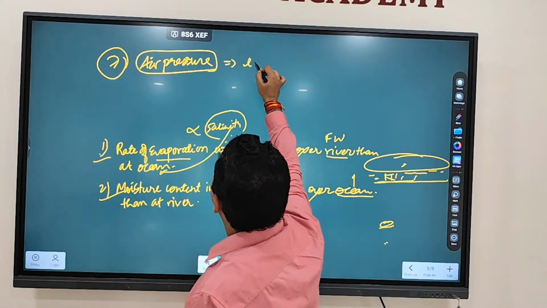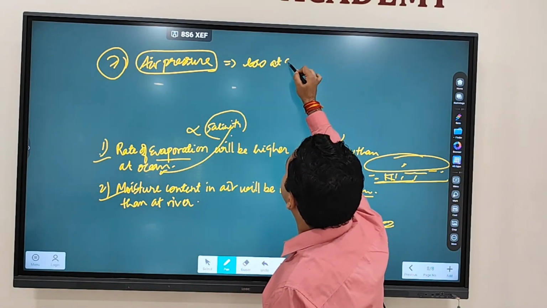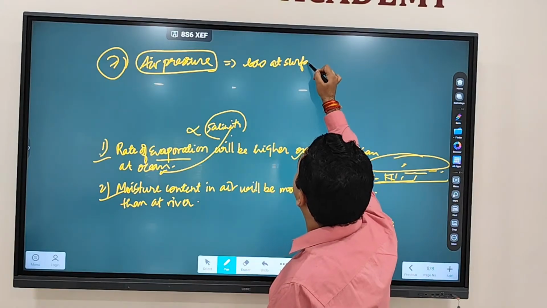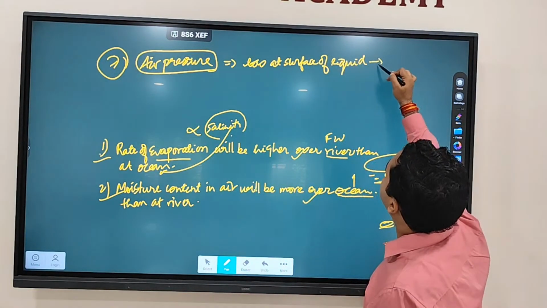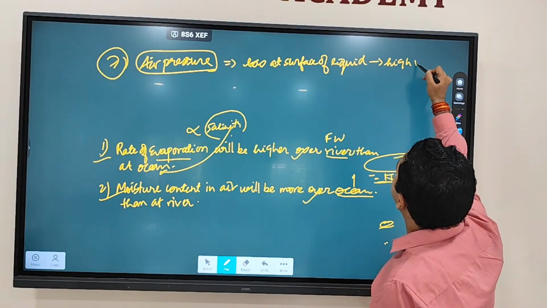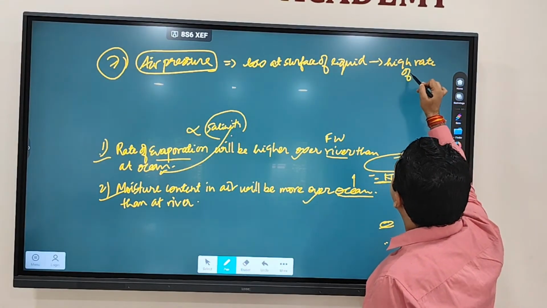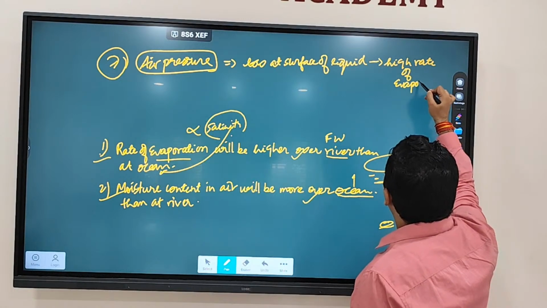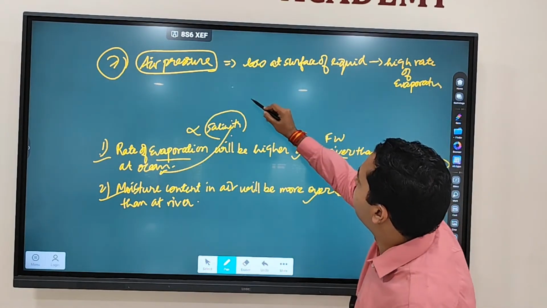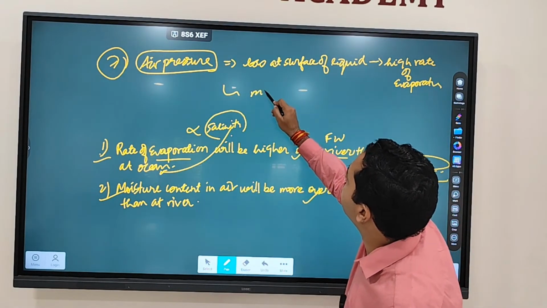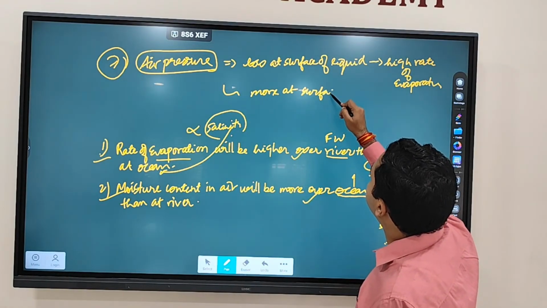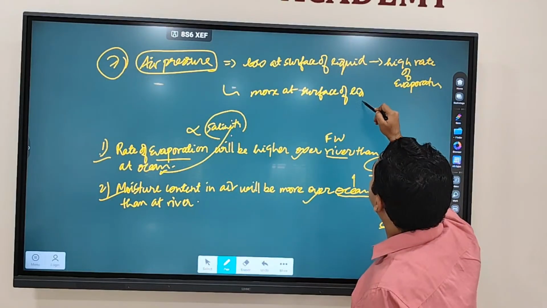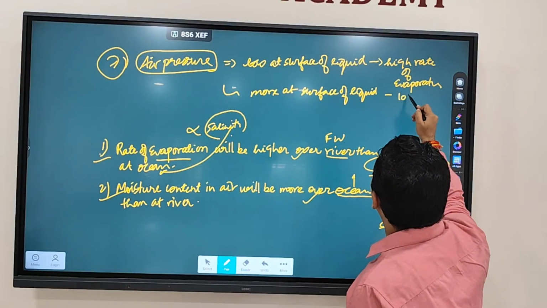Now, if air pressure is low at the surface of liquid, then what will happen? Higher rate of evaporation. And if air pressure is more at the surface of liquid, then what will happen? Lower rate of evaporation.